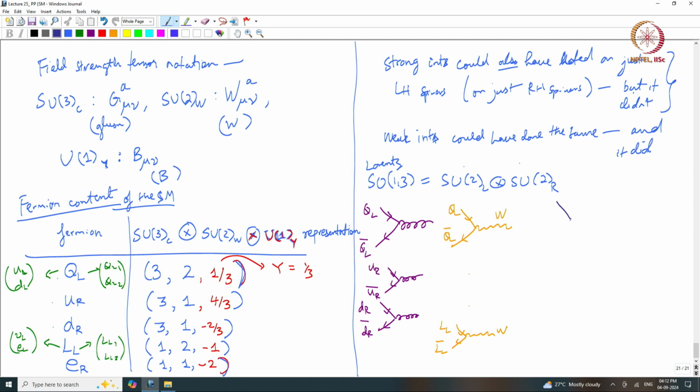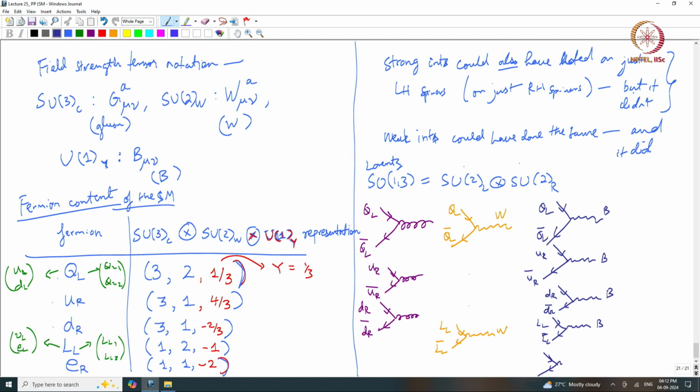That's what we've written, everything is charged under that hypercharge. So I can have this vertex, I can absolutely have this vertex for DR, and for the LL absolutely, and finally for the ER as well.